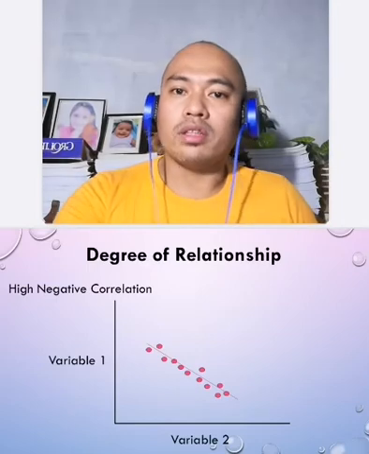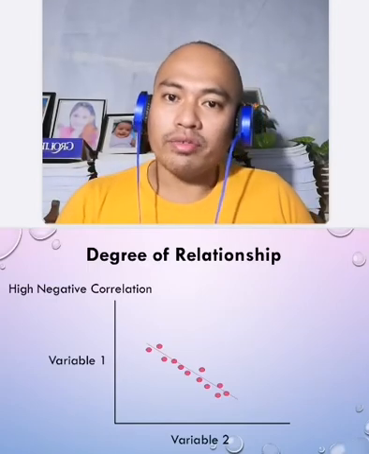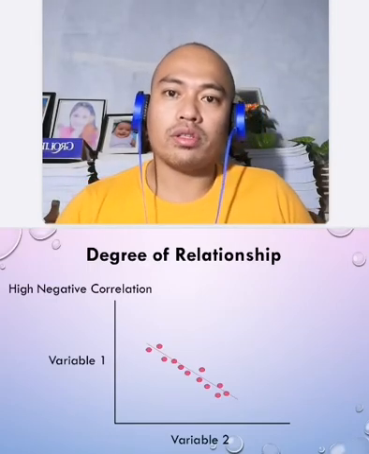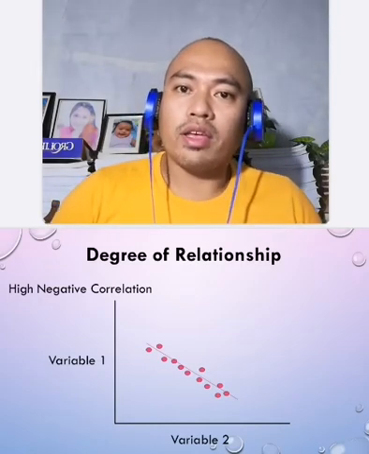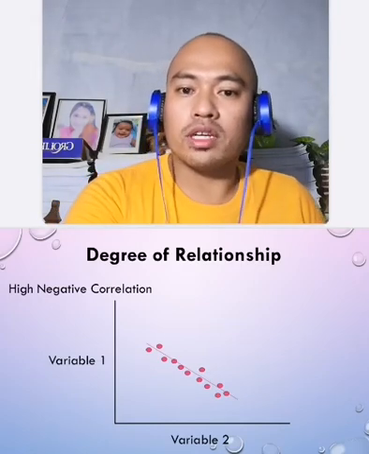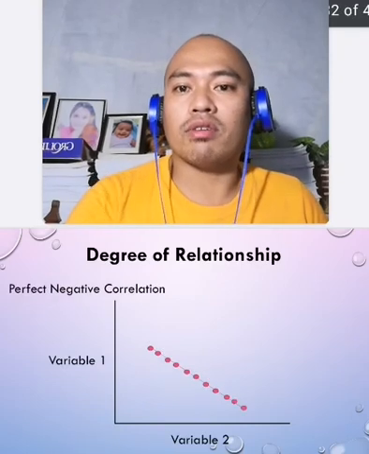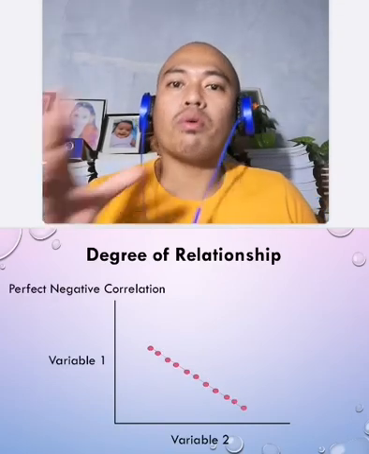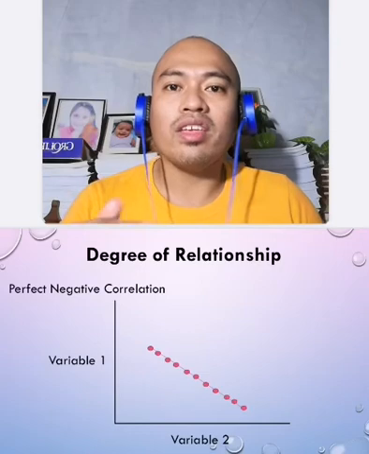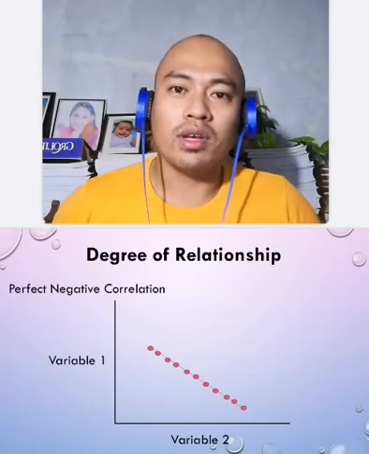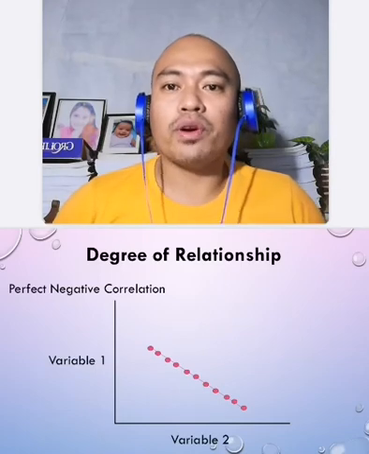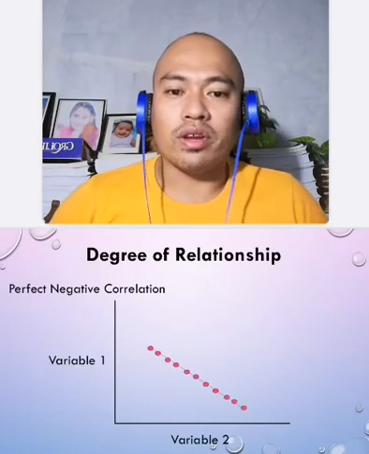The line is falling, that's why it is negative. However, there are some points that do not lie exactly on the line. So that is high negative correlation. If all the points lie exactly on that line, and that line is falling, that's why we have an inverse relationship, then we have what we call perfect negative correlation.